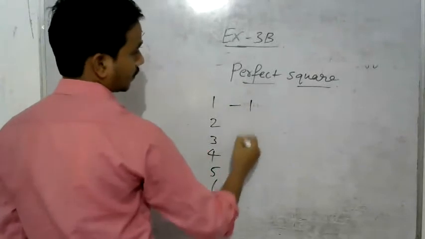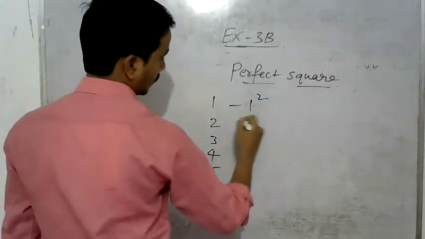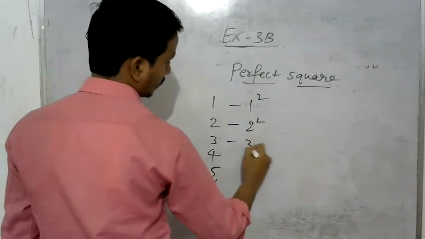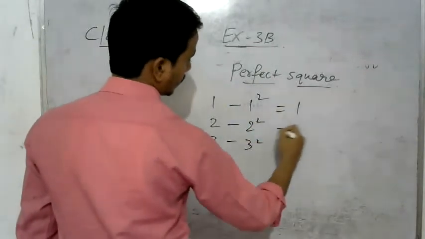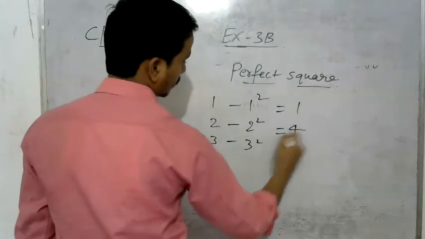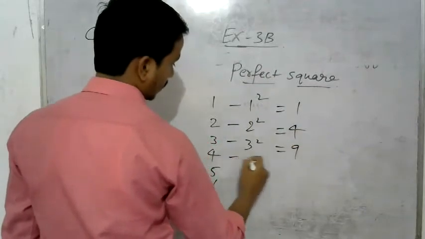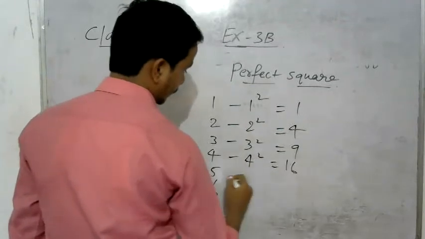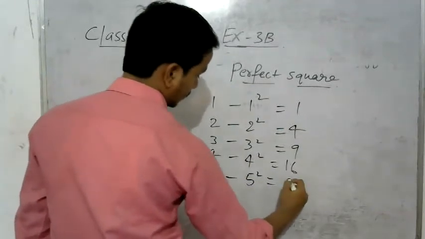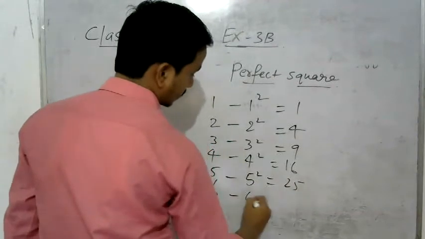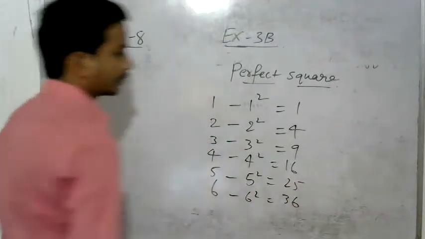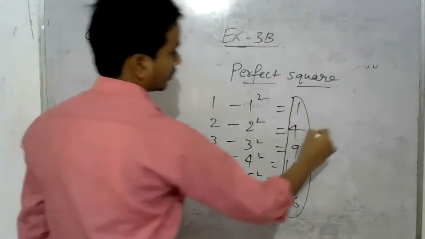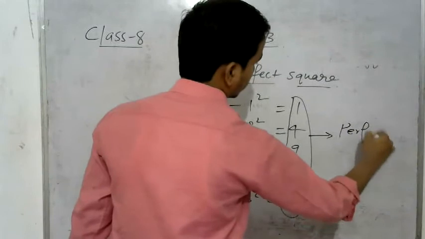We get 1 square equal to 1, 2 square equal to 4, 3 square equal to 9. Similarly, 4 square equals 16, 5 square equals 25, and 6 square equals 36. These numbers we are getting are known as perfect squares.